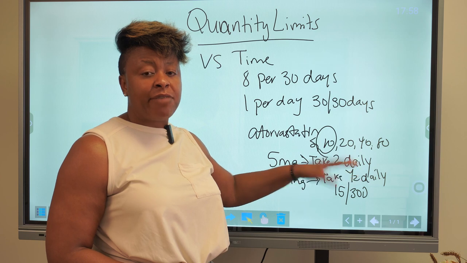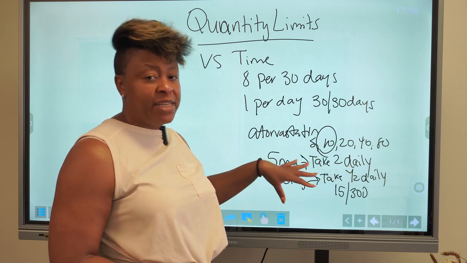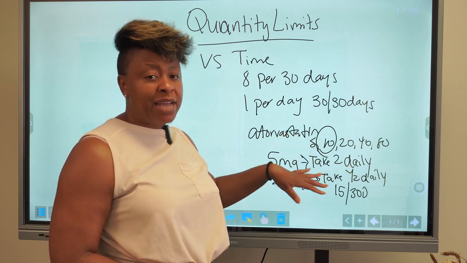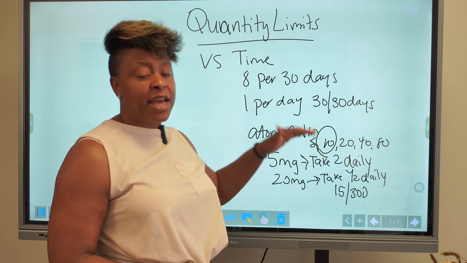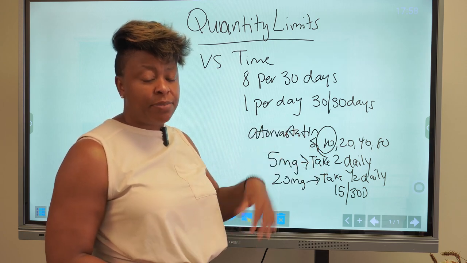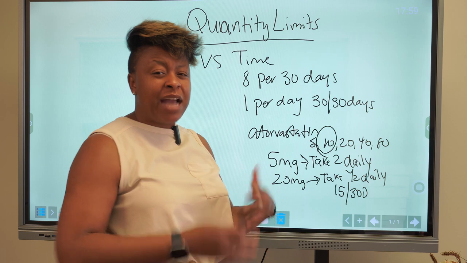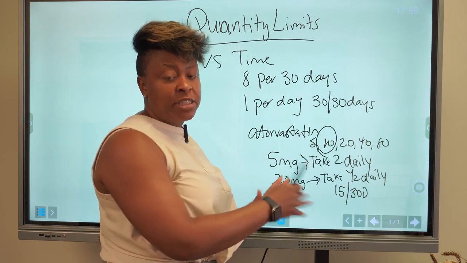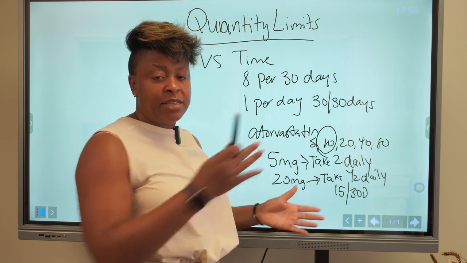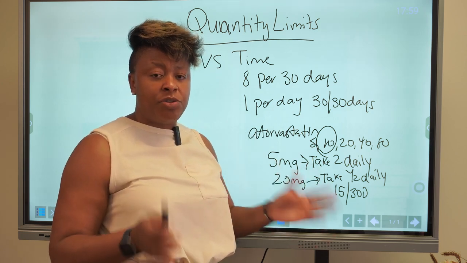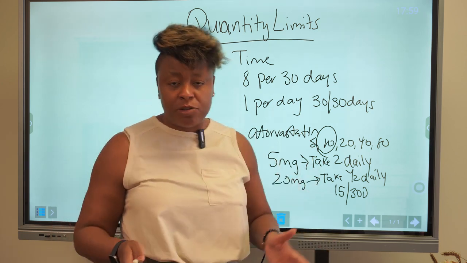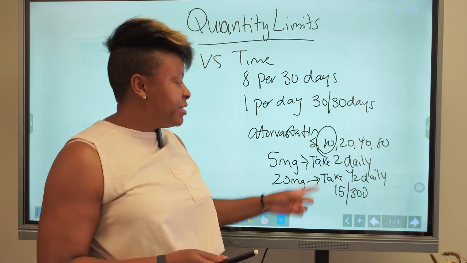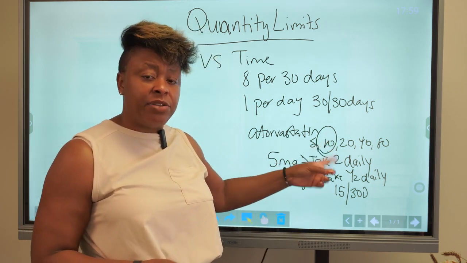Well, the pharmacy can't really go in and only give you 15 tablets or 30 tablets, because the system's going to make that 30 tablets now a 15-day supply, which is still 2 daily. So you're kind of trapped in that circle without being able to have the pharmacy just give you fewer tablets, because the day supply is still going to show that you're doing it for 2 a day versus 1 a day.